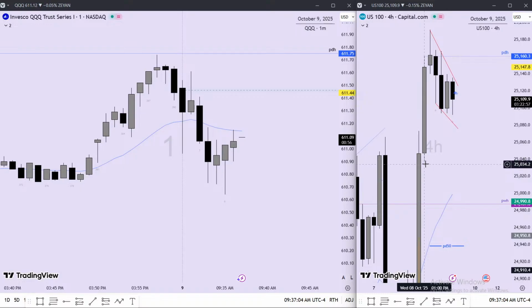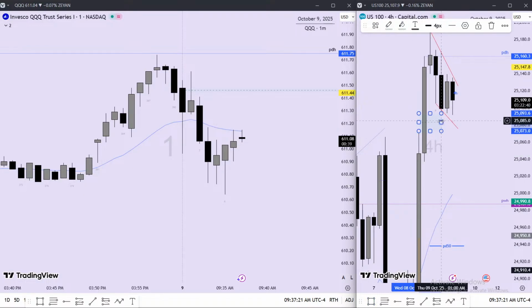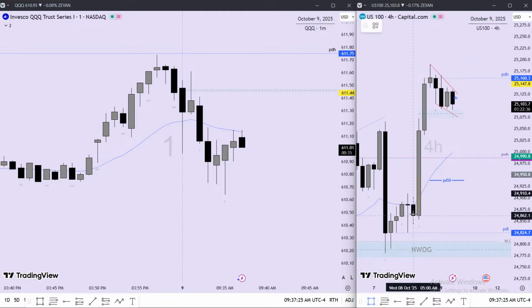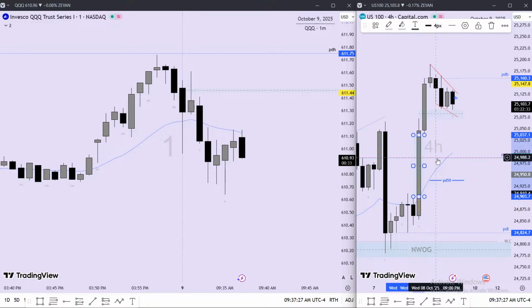That will be if we get a closing on the 4 hours below 25,034. So as long as we are above this point, we are still making a gap around this area. This is still intact. This gap and this gap.